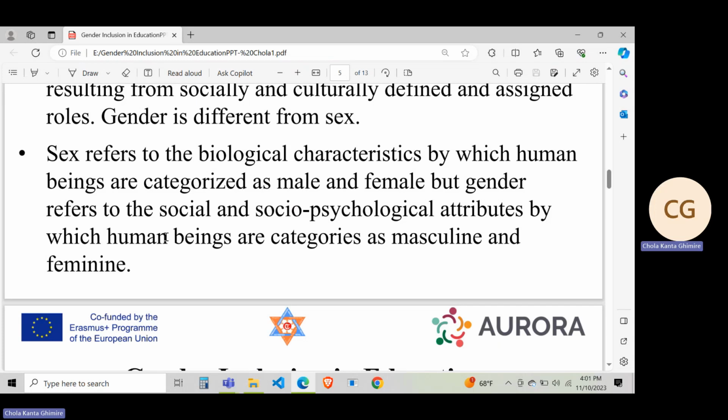The socially defined role determines their social role, their psychological attributes, their activities in society, their ways of learning, their perspective of seeing. Therefore, society determines all these things. However, sex is male and female, which is given by birth.